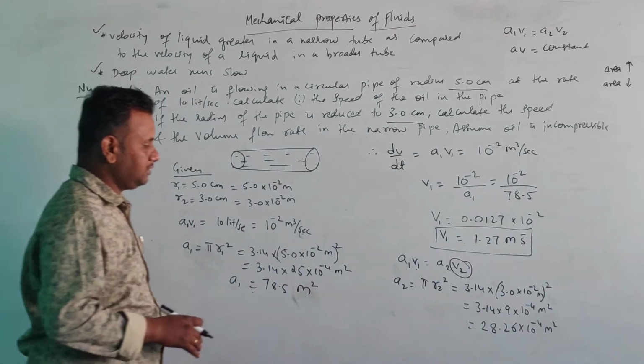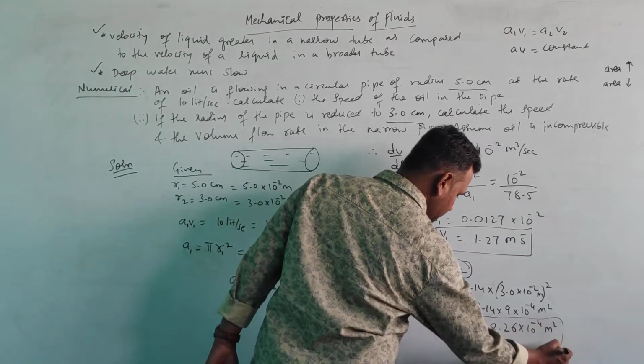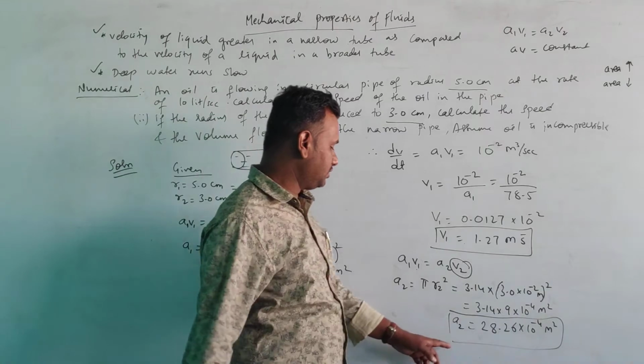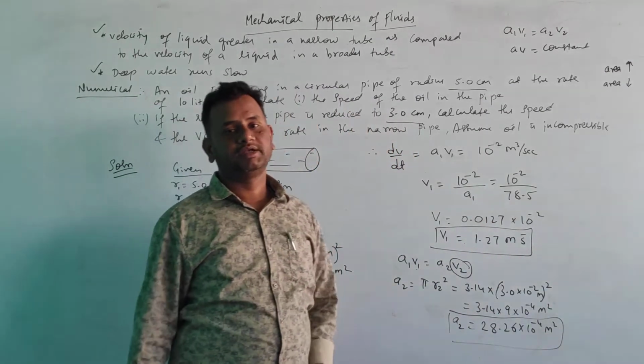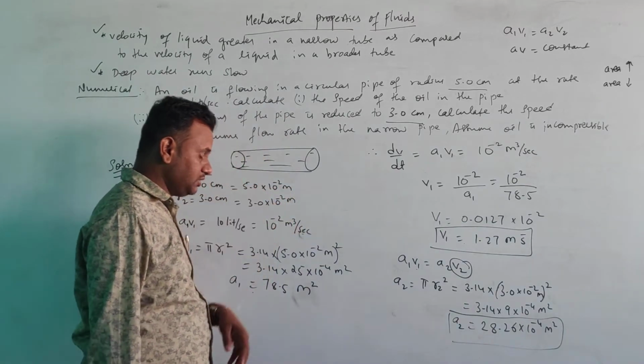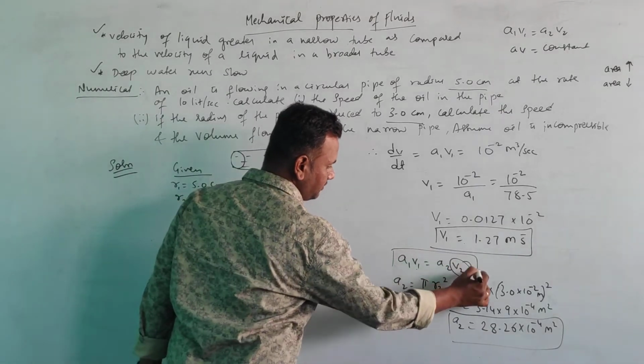I just checked this one, so it is correct. Answer: A2 is equal to 28.26 into 10 to the power of minus 4 meter square.